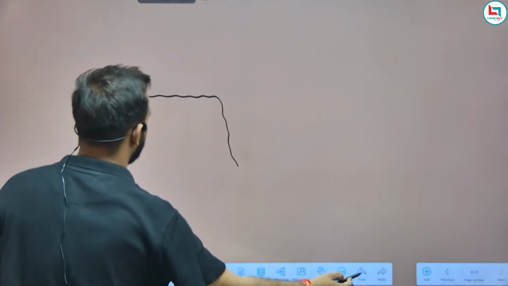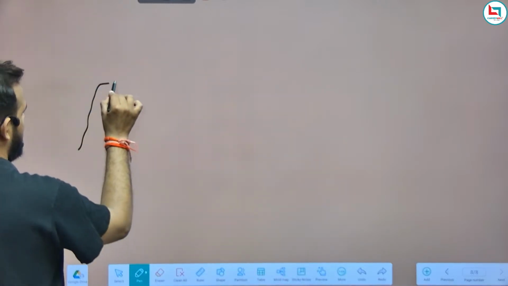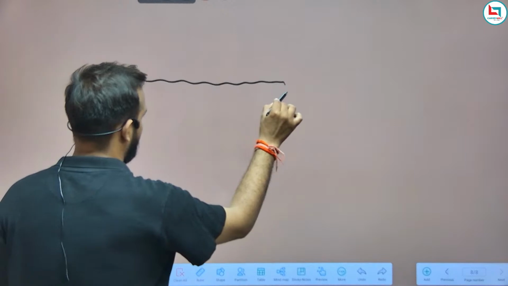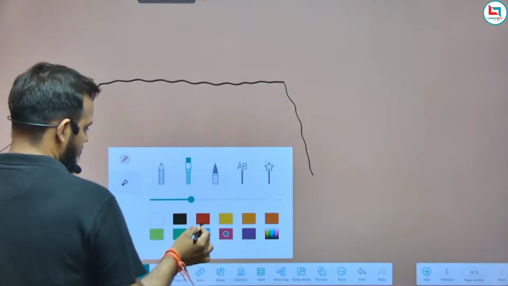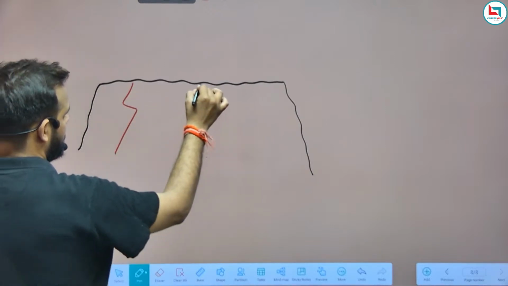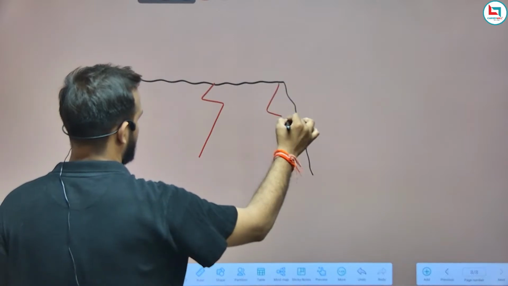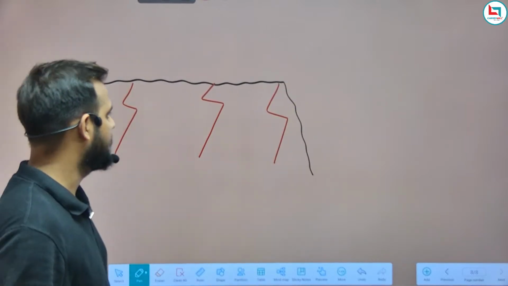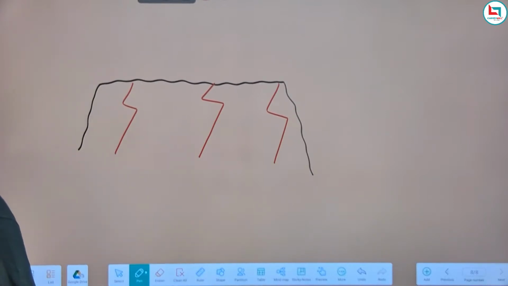Okay, let me draw this. Like this. They are at a distance from each other. They are sharing a distance. Okay, the multiple fault lines are located away from each other.